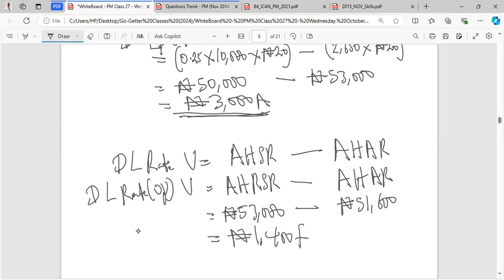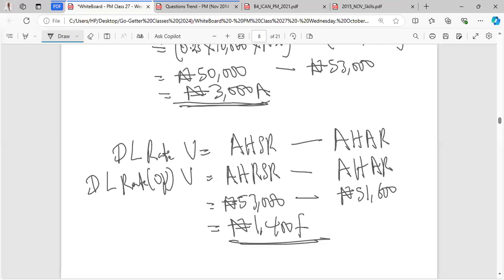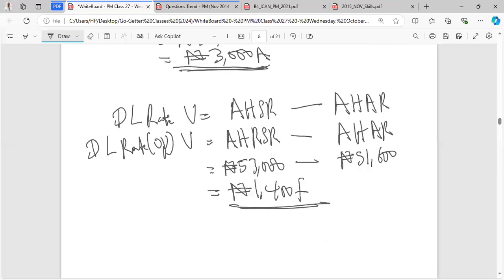So the gain that they got in the rate variance for hiring cheap labor, they now paid dearly with the efficiency, that they were not able to do good work, and that's an issue for them.